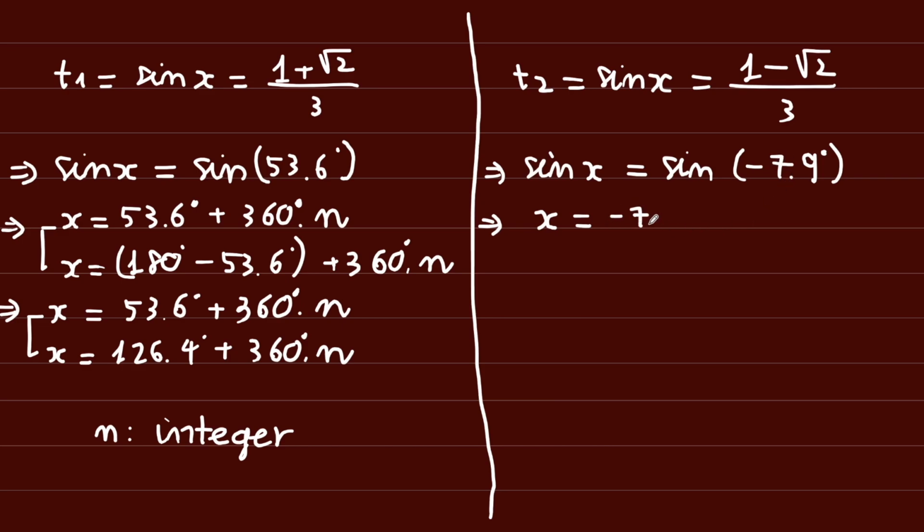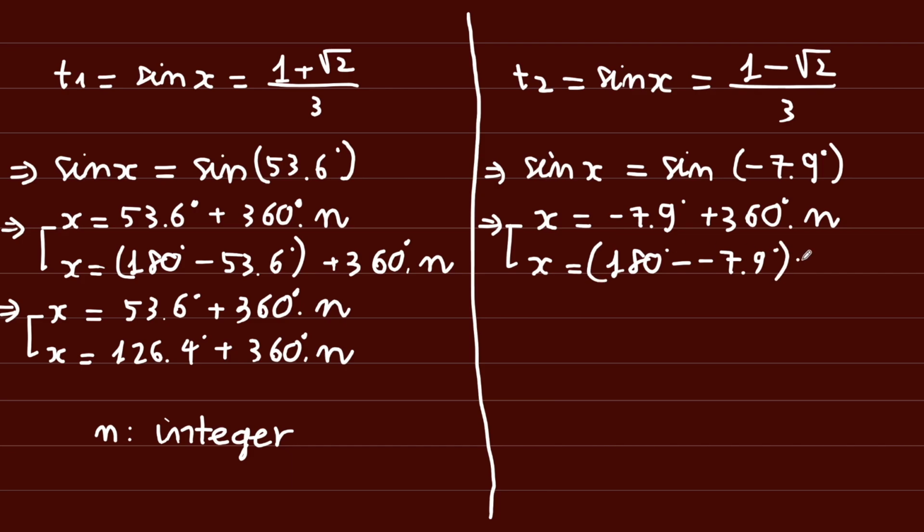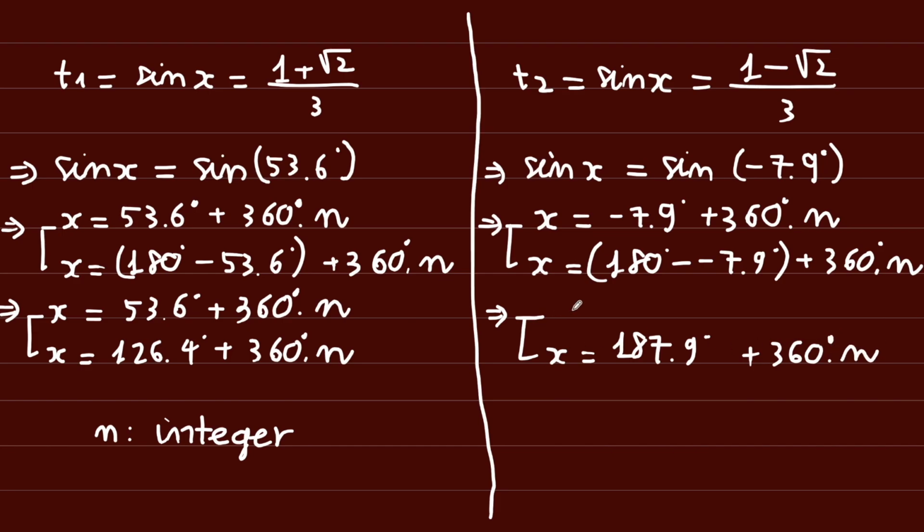You have the original angle here, minus 7.9 degrees plus 360 degrees multiplied by n, and the second one uses the supplementary angle, 180 minus (-7.9) plus 360 multiplied by n, which will be equal to 187.9 plus 360 degrees multiplied by n.